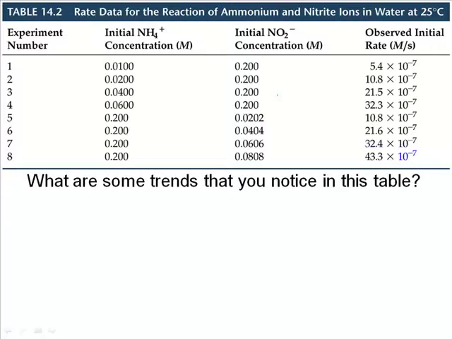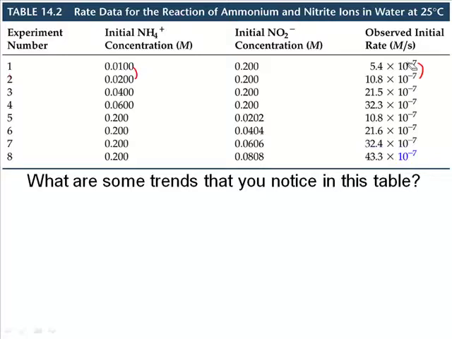If we look at our data here, the initial concentration of ammonium, the initial concentration of nitrite, and then the rate of nitrogen produced, notice a couple of things. When the concentration of NH4 doubles, looking at experiments 1 and 2, and the concentration of NO2 minus remains the same, the rate also doubles, going from 5.4 to 10.8 times 10 to the negative 7th molar per second.